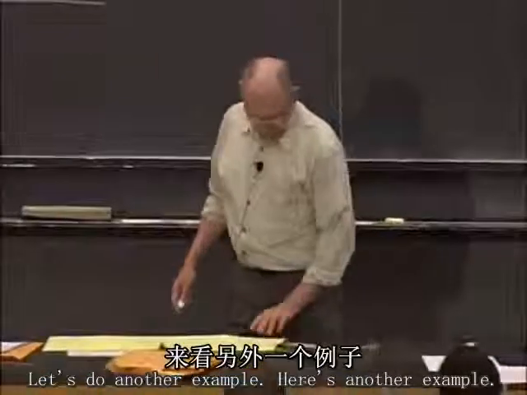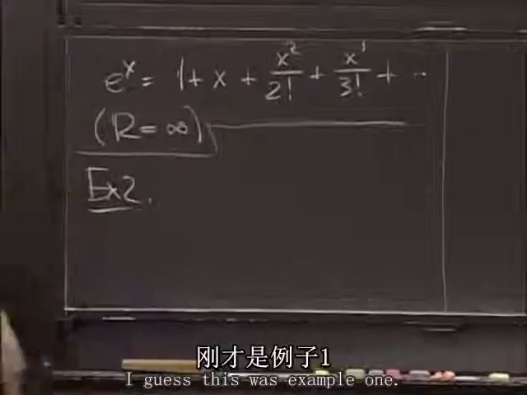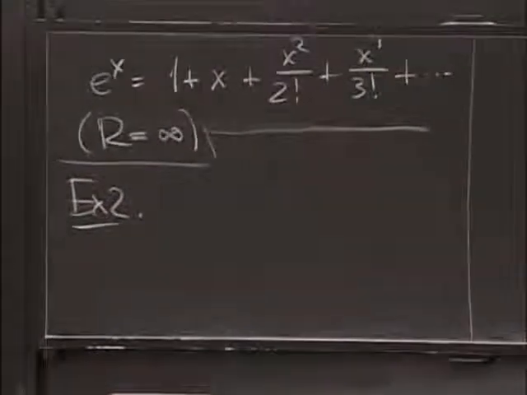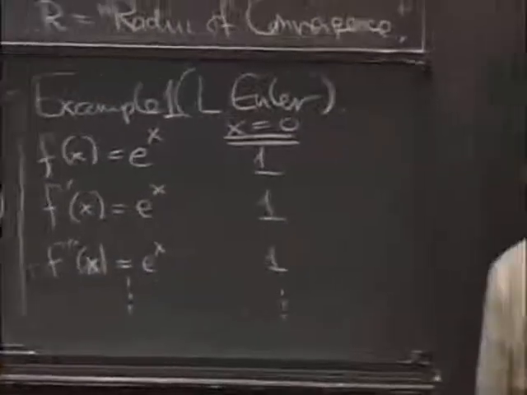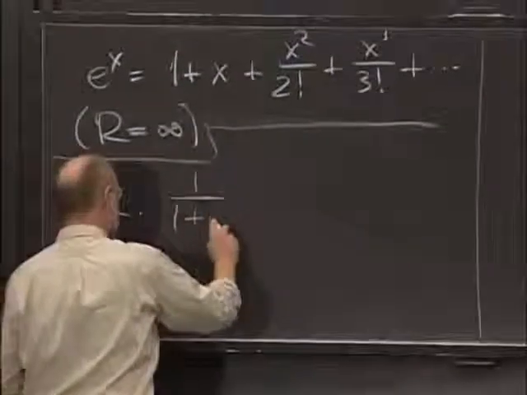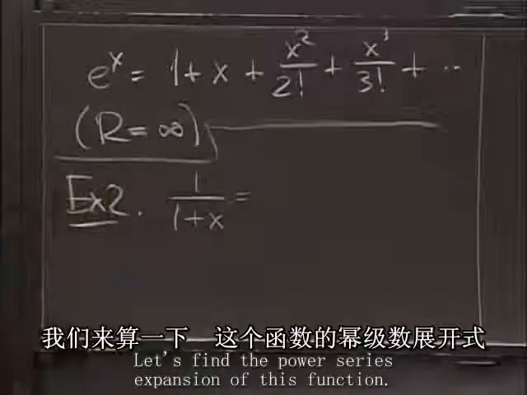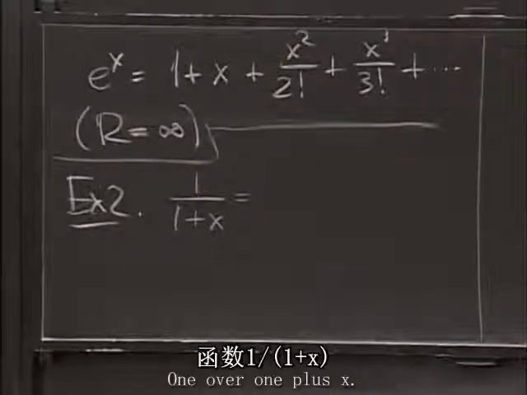Let's do another example. Here's another example. I guess this was example 1. So this example, I think, was due to Newton, not Euler. Let's find the power series expansion of this function, 1 over 1 plus x.